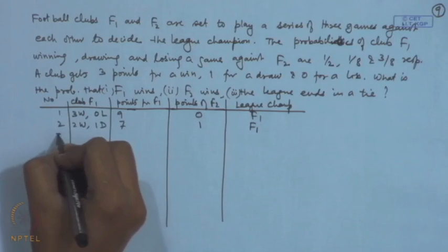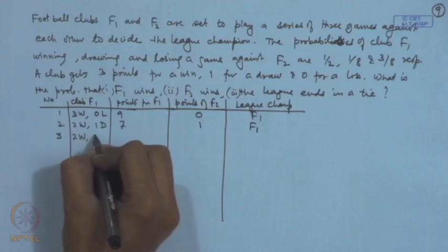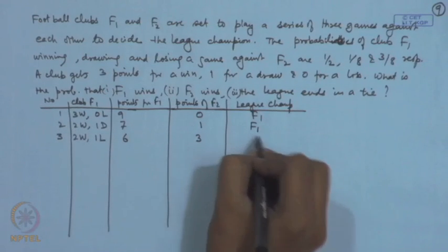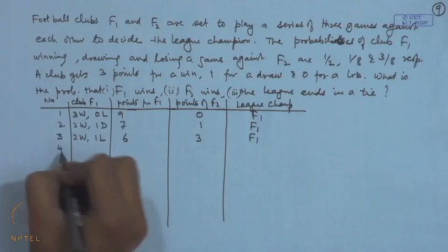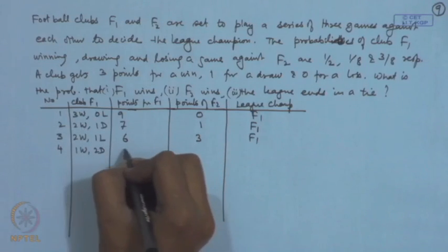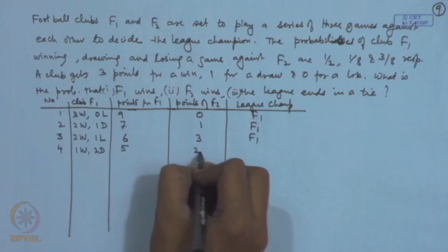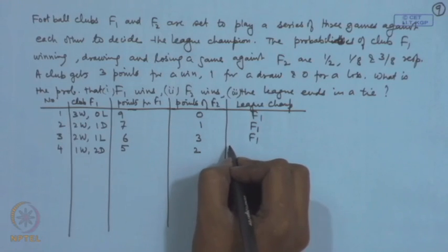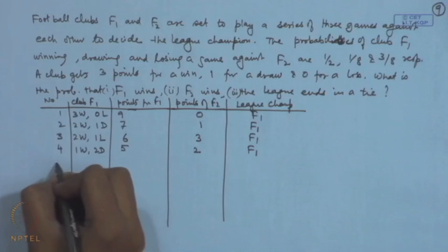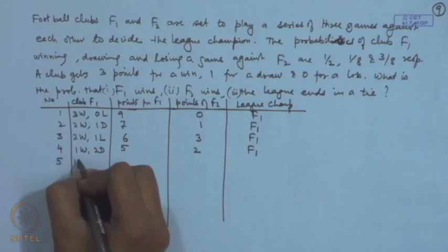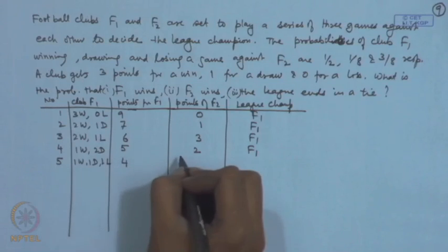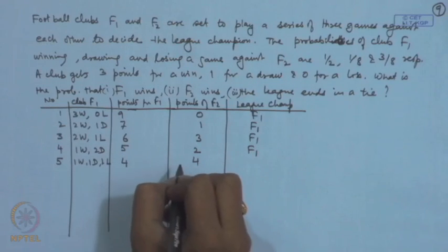Like that we count all the possibilities: 2 wins, 1 loss, 6 points, 3 points for F2, F1 will win the league. 1 win, 2 draws, it will get 5 points, F2 will get 2 points and F1 will be the champion. 1 win, 1 draw, 1 loss: in that case only 4 points and this fellow will also get 4.